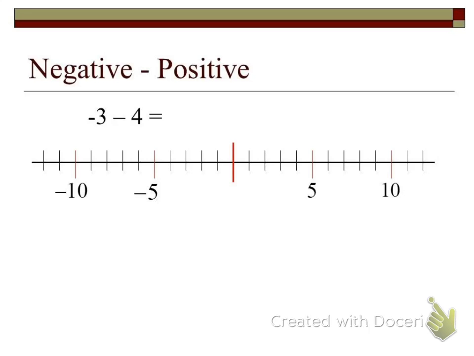Again, I've got negative 3 minus 4, and I can show you how we would graph this. We would start at 0, and we would go left 3, and then left 4 more, because they're both negative. So I'm going to go left 3, left 4, and that puts me at negative 7. I could do this the other way. I could say negative 3 plus negative 4 equals negative 7, and that's the same exact thing.